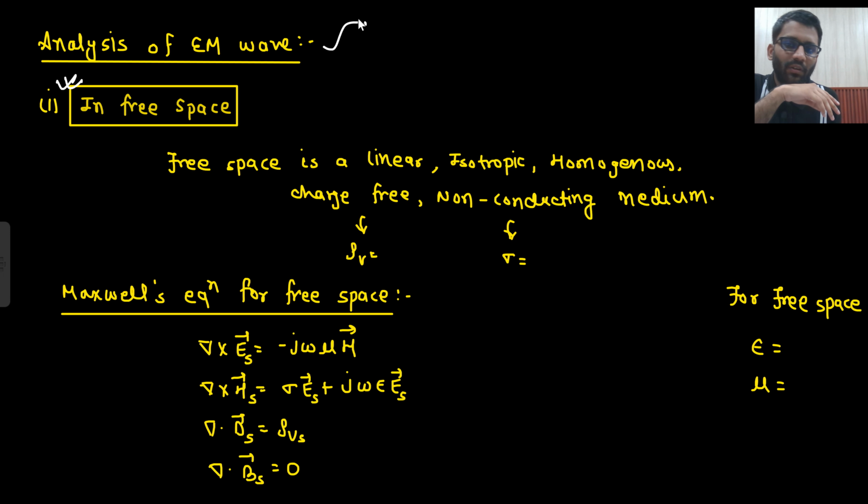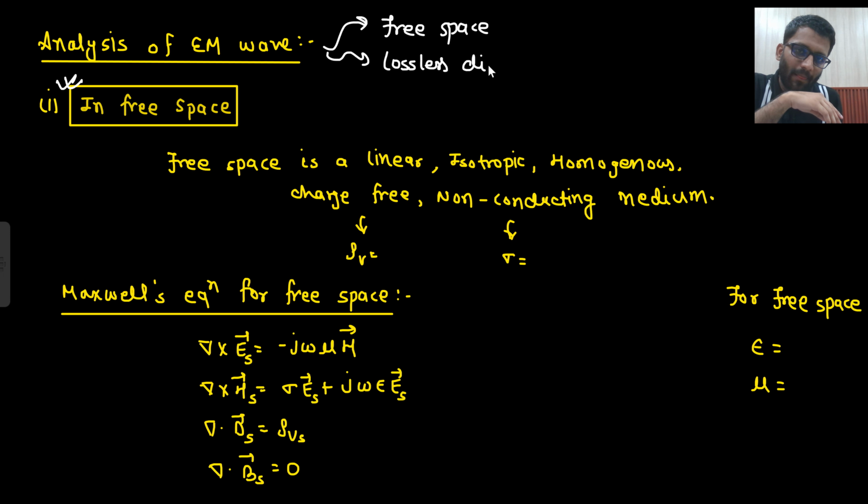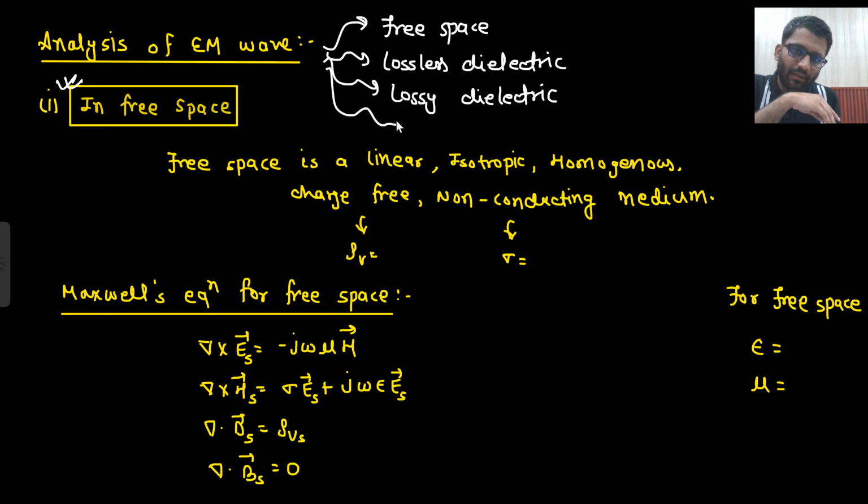So there will be 4: free space, lossless dielectric, lossy dielectric, and conductor. In these 4 we are going to analyze.